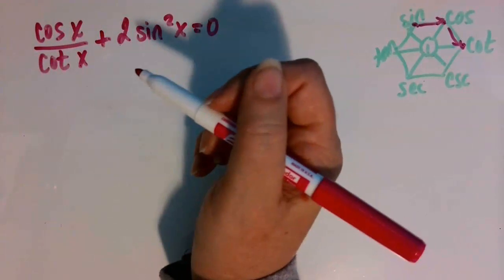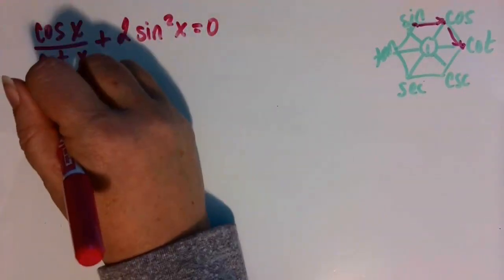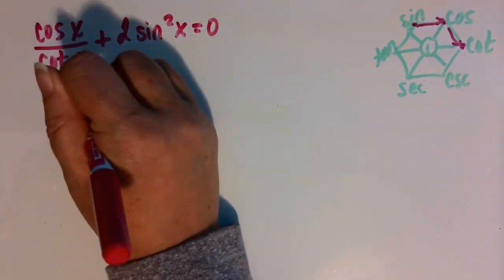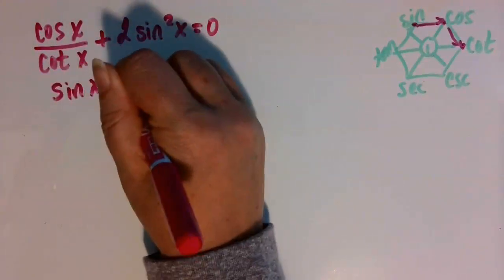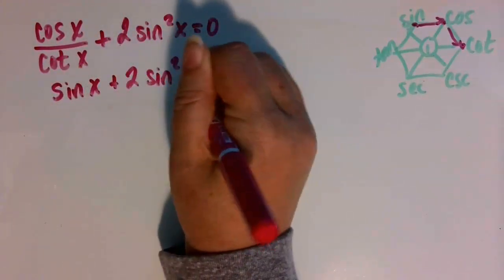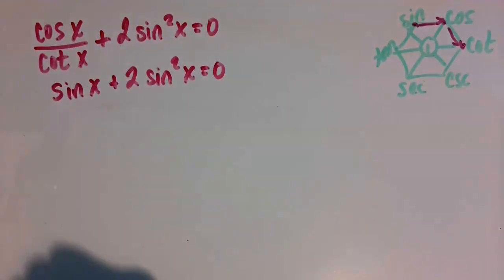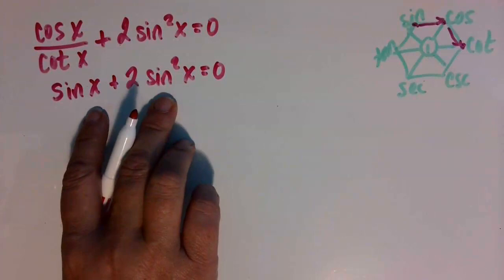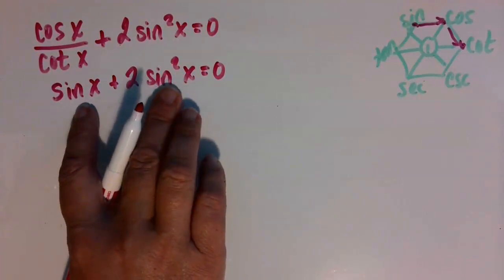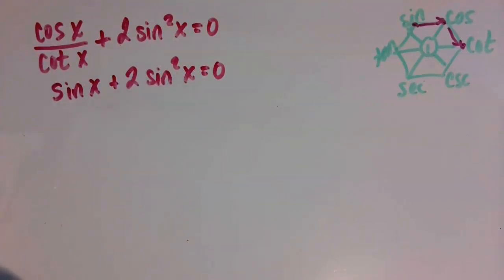So we're going to apply that quotient identity and rewrite this as the sine of x plus 2 sine squared x is equal to 0. And this is a binomial where each term has a sine of x in it.